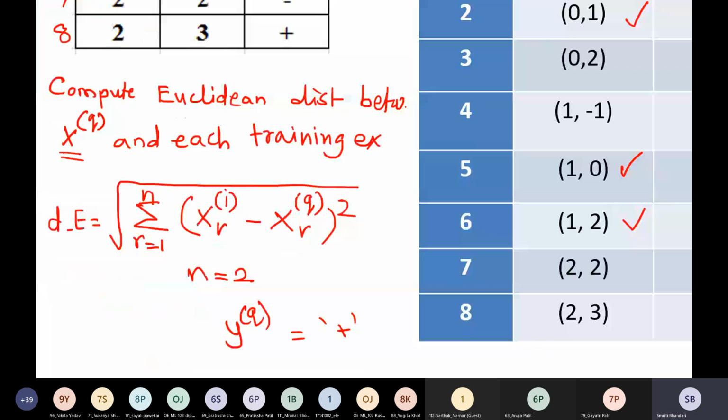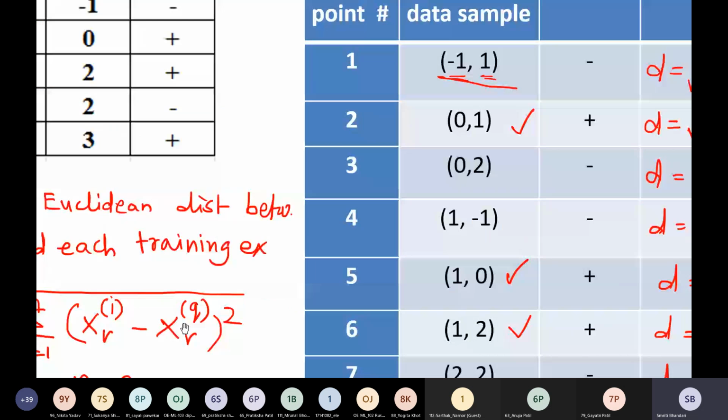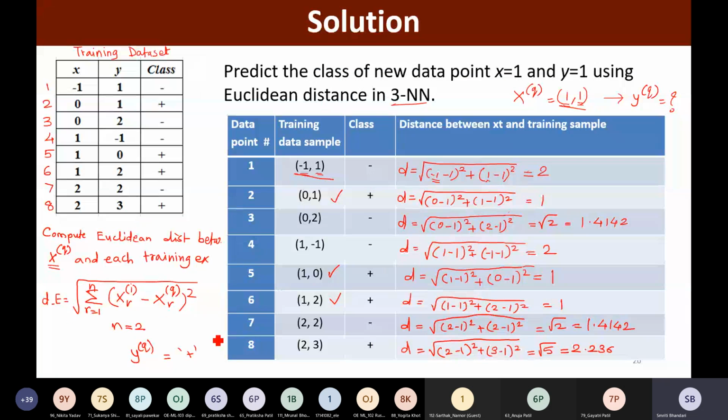Got it? Yes? Any doubt? Have you understood how to identify this?